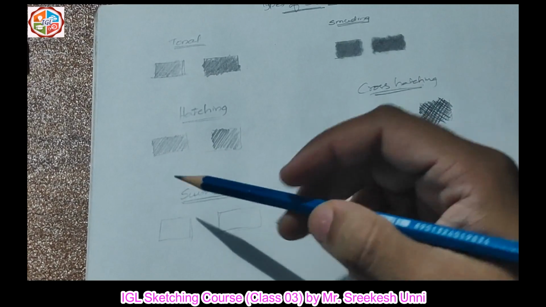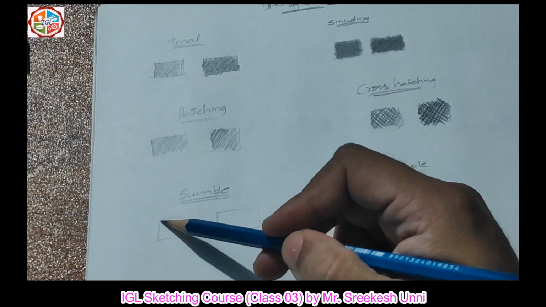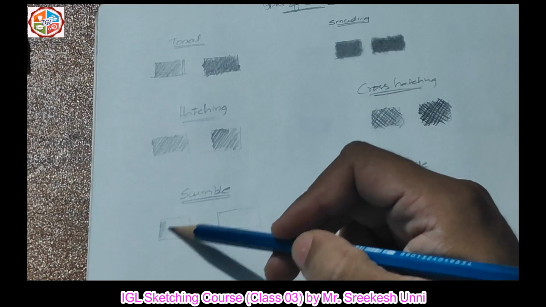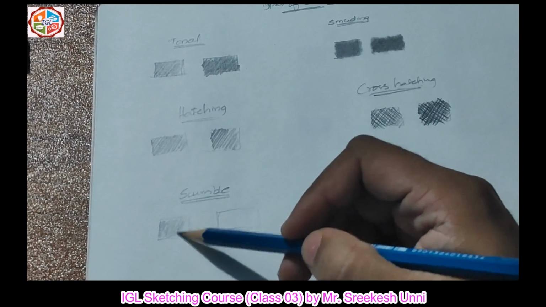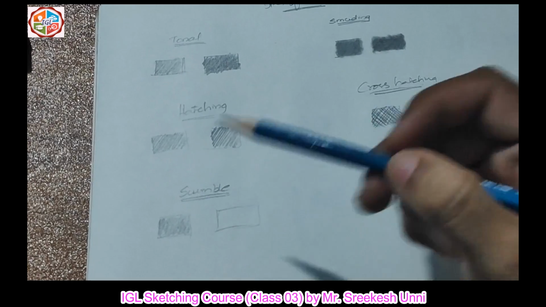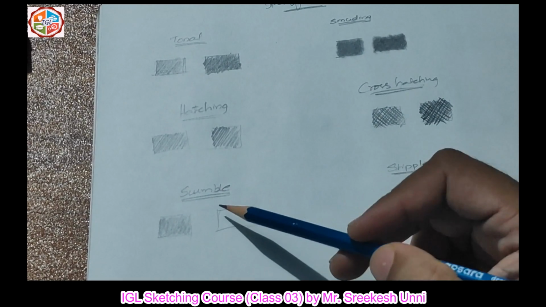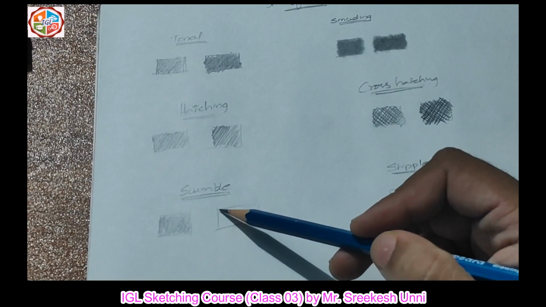And the next method is scumble. How you do scumble is by moving your pencil in an oval shape. I believe you've got an idea about scumble. You move it in an oval shape and just keep rotating.